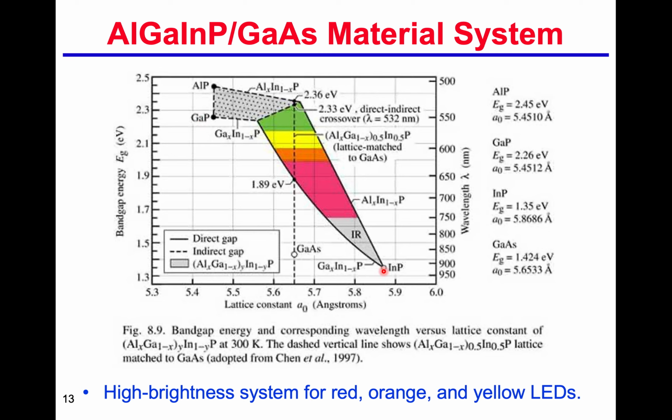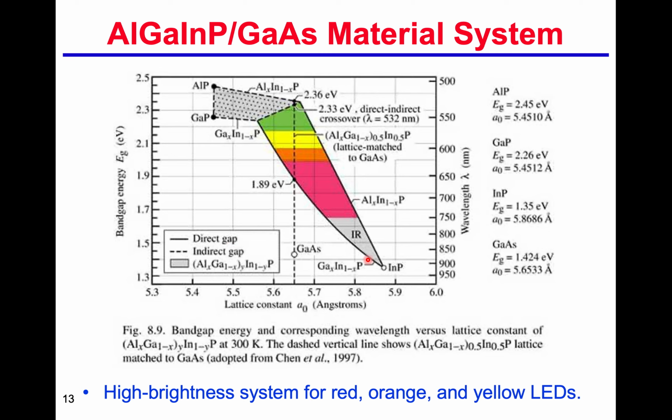We can mix them: in indium phosphide, we put some gallium inside, so we can substitute the indium sites with some gallium. Along this line, we put gallium into the indium phosphide and increase the gallium composition. So we can tune the lattice constant as well as the band gap.